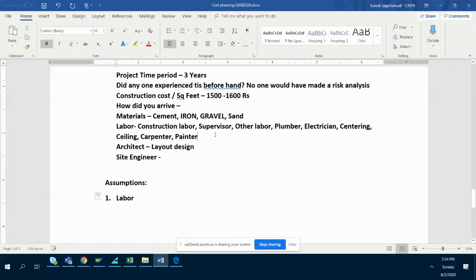But if you want a painter, plumber, or electrician in remote areas, it is very tough.